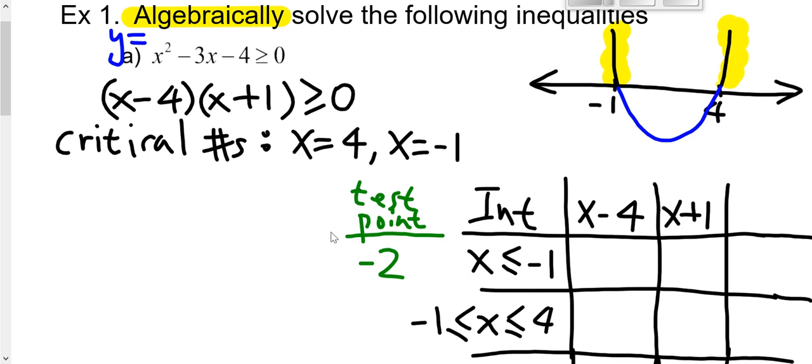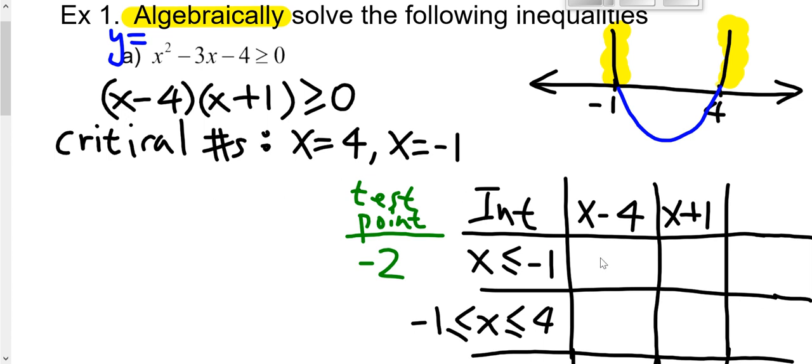Now let's plug in negative 2 here. Okay, if you plug in negative 2, negative 2 minus 4 gives you negative 6. So if you take this test point, put that number in that factor, in this case, we are not going to write down negative 6.